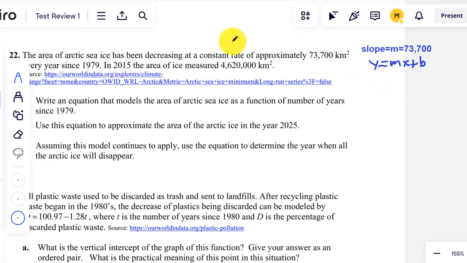But we know x equals 0 corresponds to 1979. So x equals something corresponds to 2015. So 2015, that's how many years after 79? So let's see, 35, 36.